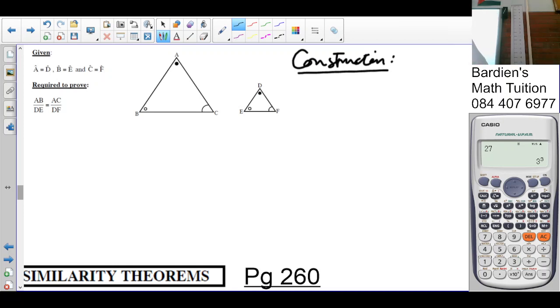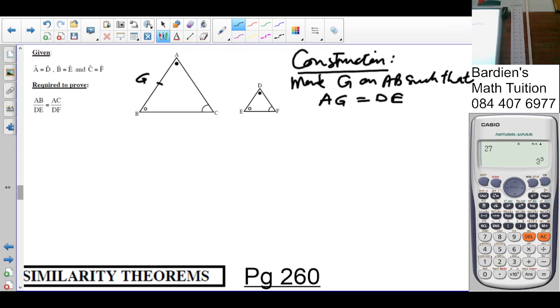So we're going to mark G on AB such that AG is equal to DE.